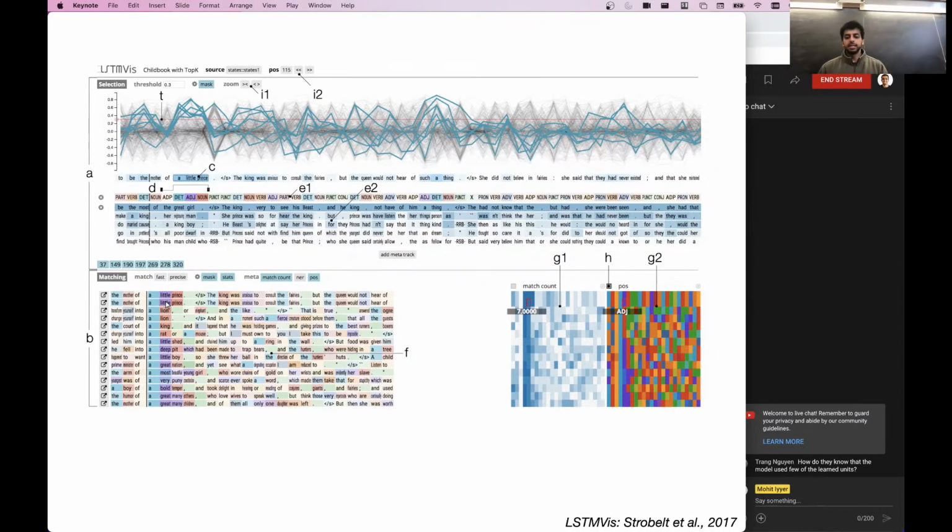So this is a picture of a visualization tool called LSTM-Viz, which was developed in 2017 to try and analyze the actual values of these neurons and the actual weights of the weight matrices that are used to make these predictions. You can see there's a ton of heat maps, there's this line graph at the top, and it is overall incredibly difficult to make sense of things like this.